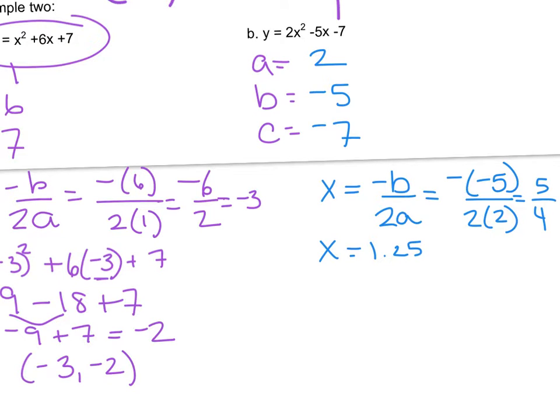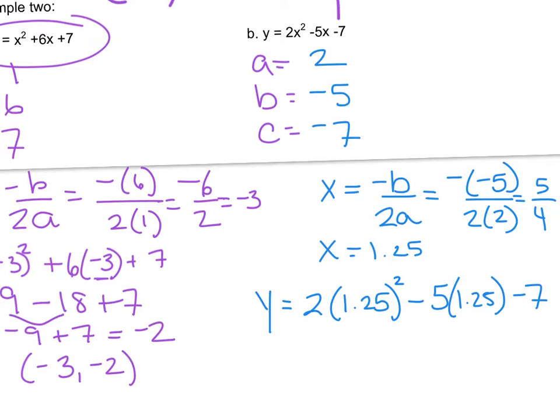Now you're going to plug it in for the value of y. Right. So we're going to do 2 times 1.25 squared minus 5 times 1.25 minus 7. Okay. First thing we're going to do, go back to PEMDAS. You're going to square 1.25. With that, I'm actually going to use the 5/4 as my answer to work with, because I can easily take this fraction and square it, because it's just 5 over 4 times 5 over 4.